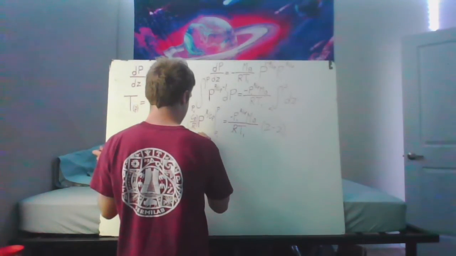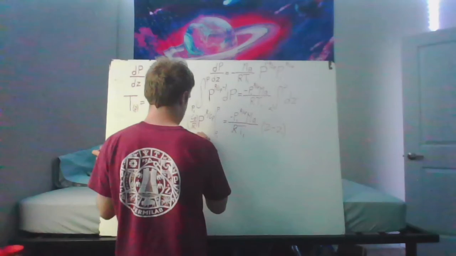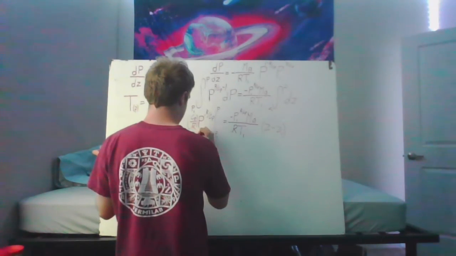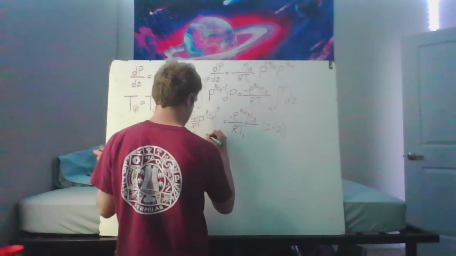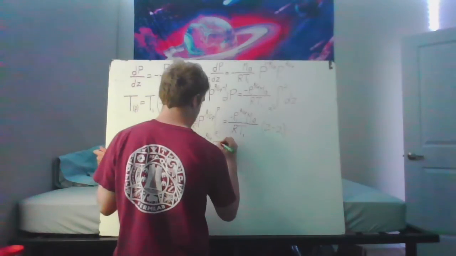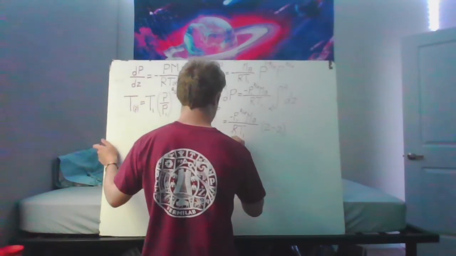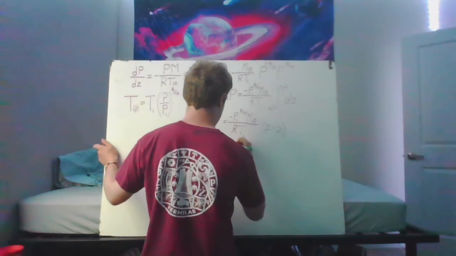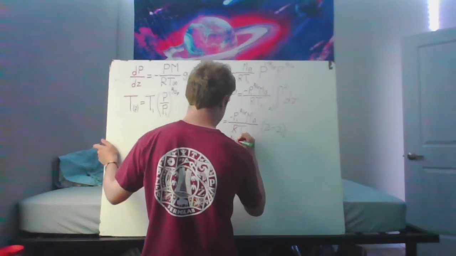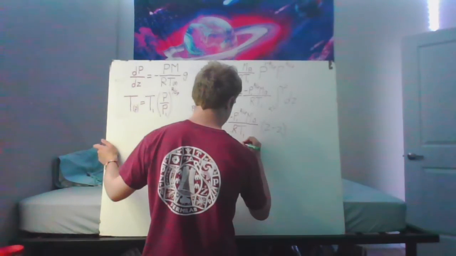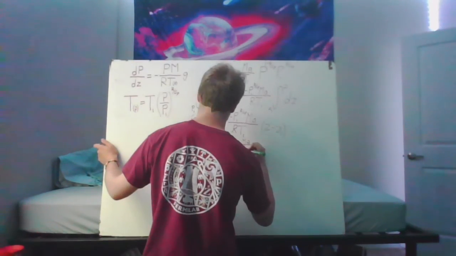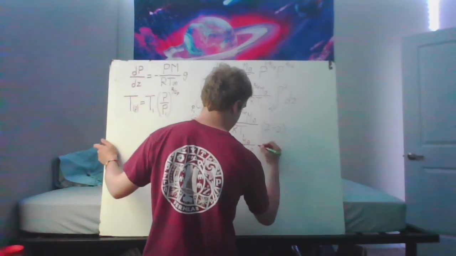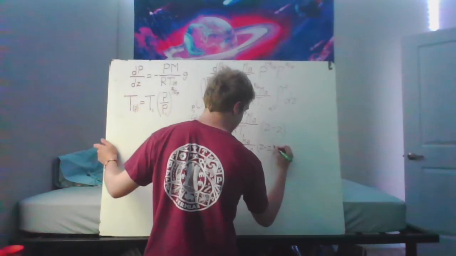So it'll end up being P to the R over Cp minus P1 to the R over Cp will be equal to negative P1 to the R over Cp multiplied by Mg over T1 times Cp, and our Z minus Z1 will still be here as well.